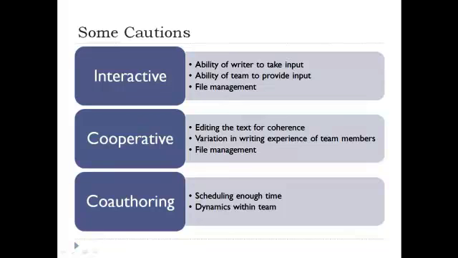You also want to make sure that you've got a file management strategy so that you're not overwriting parts of each other's documents, and so on and so forth. With the co-authoring strategy, this really depends on the team dynamics, and one of the things to be on the lookout for is that it can take a lot of time.